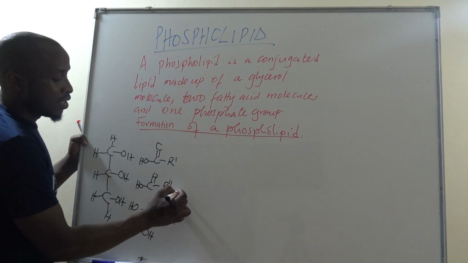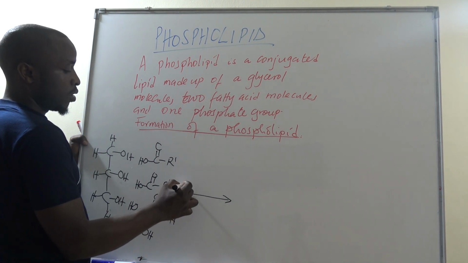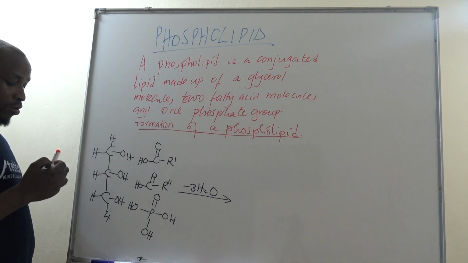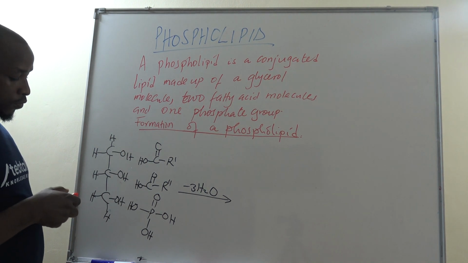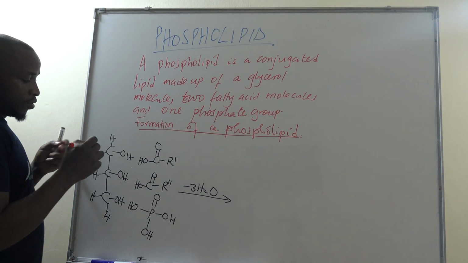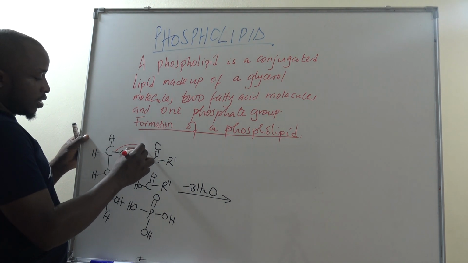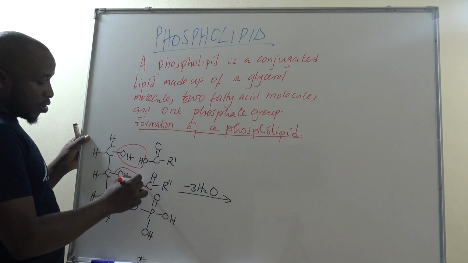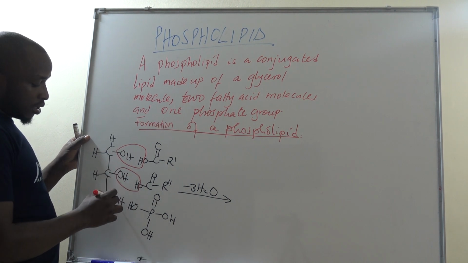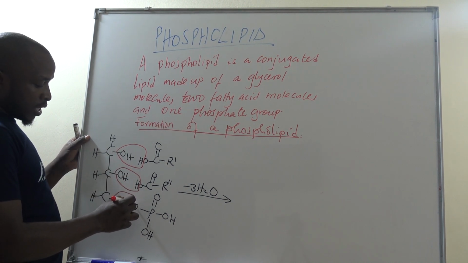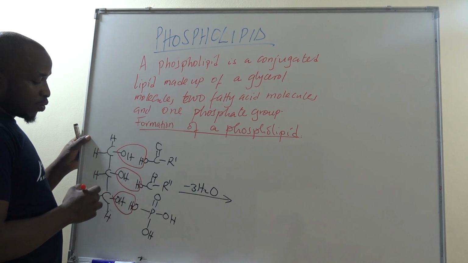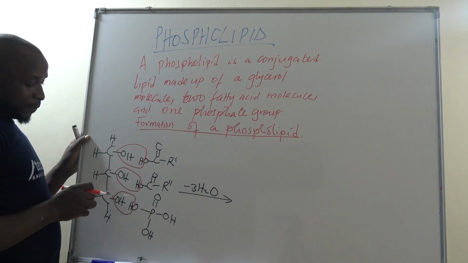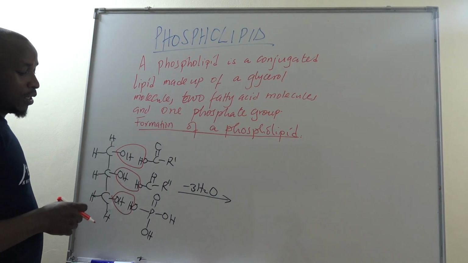Still, it is a condensation reaction. 3 water molecules are going to be lost for the formation of a single phospholipid. So this gets lost to create an ester bond. That one gets lost to create an ester bond. Even this gets lost to create a phosphobond between the carbon atom and the phosphate.